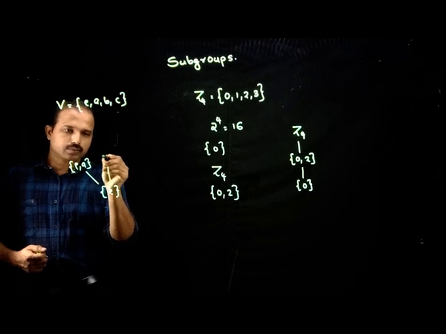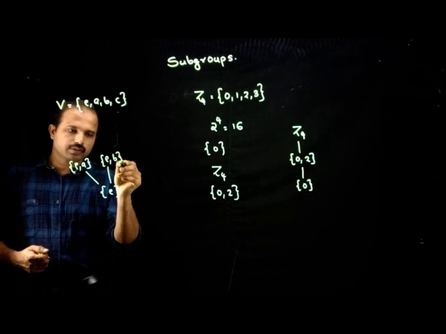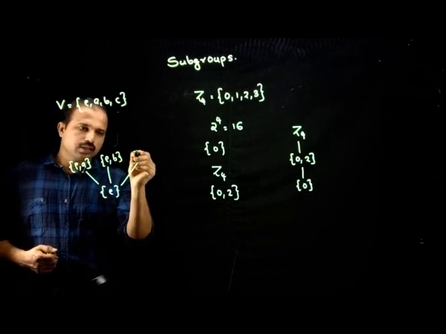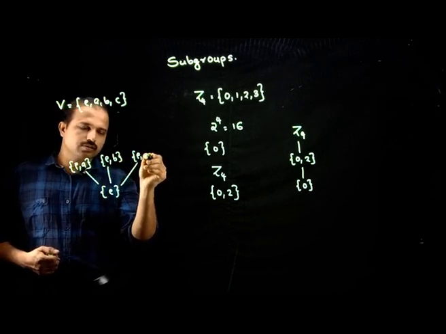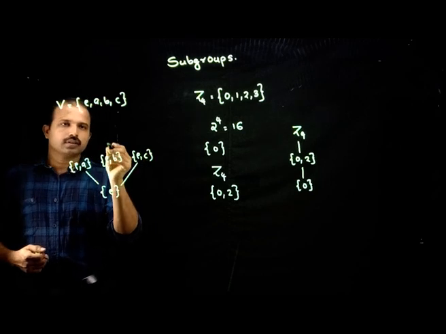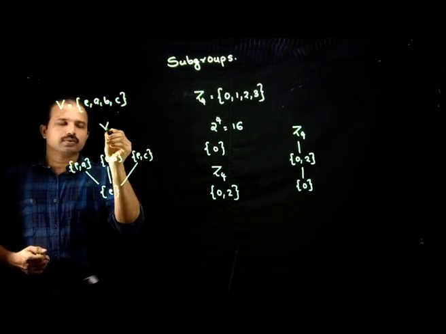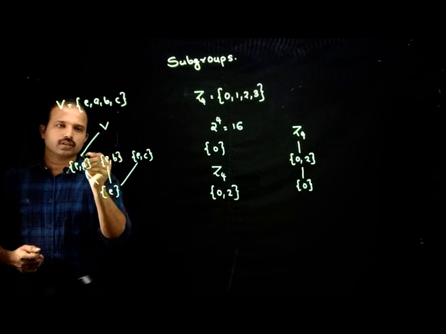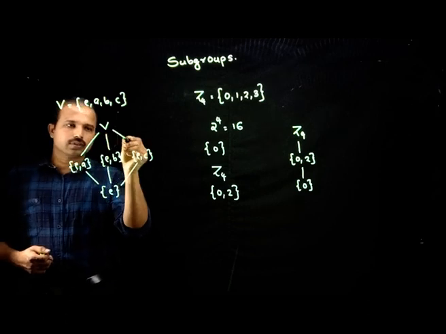Another 2-element subset {e, b} will be a subgroup, and {e, c} also will be a subgroup. And we have the improper subgroup V also. So this is the subgroup diagram for the Klein four-group V.